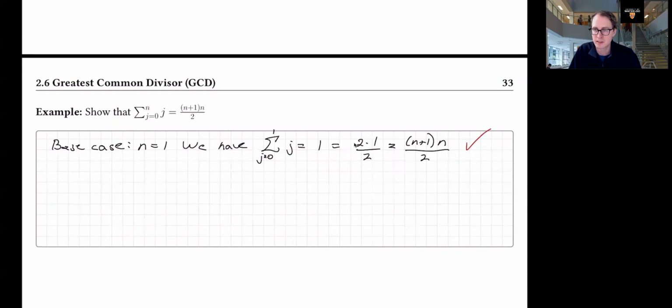Right? Because n here is 1, so n plus 1 is 2, n is 1. So it holds for the base case.